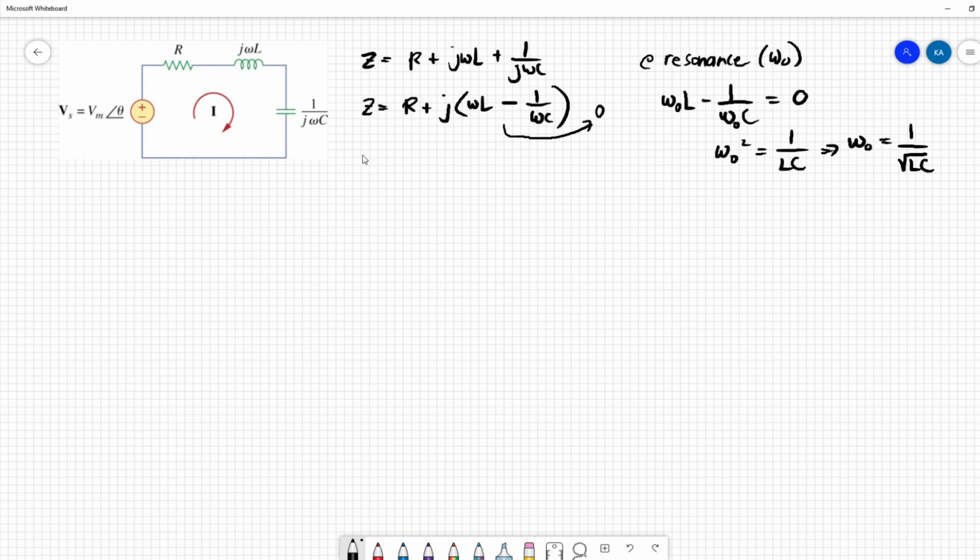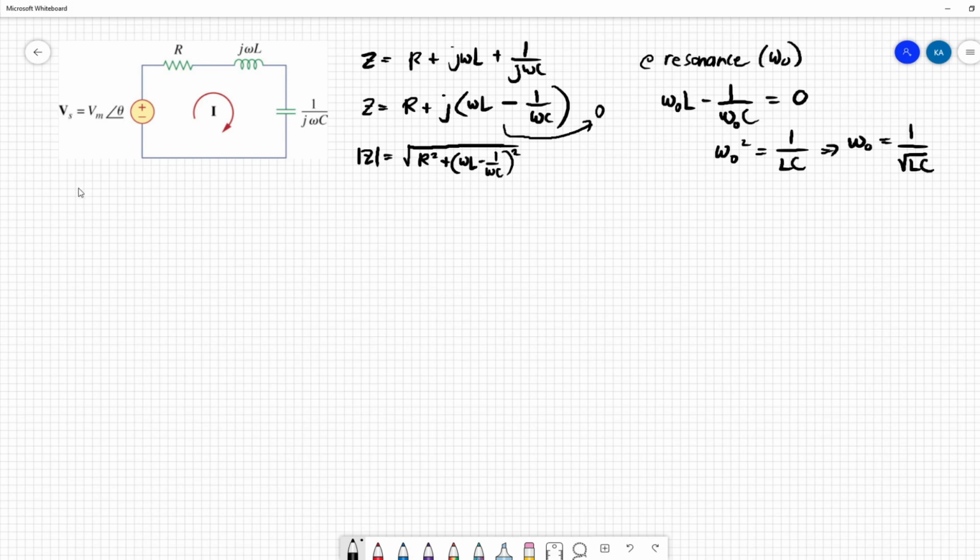And the magnitude of Z is equivalent to the square root of R squared plus (ωL minus 1 over ωC) squared.